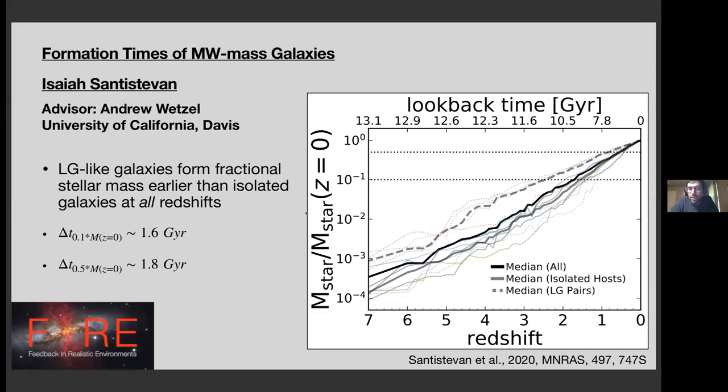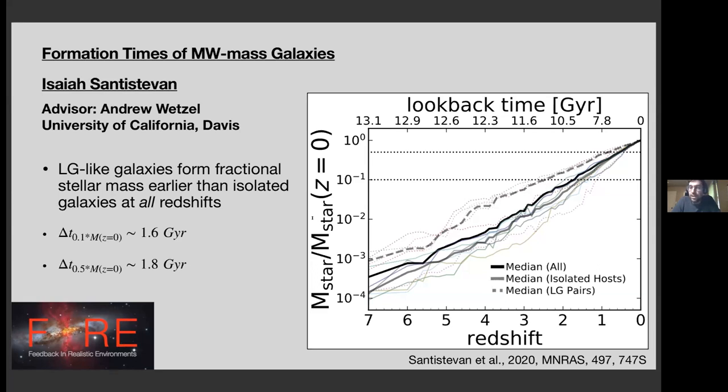So for instance, if you define galaxy formation based on the time that it takes a galaxy to form, for instance, 10 or 50% of its redshift 0 stellar mass, what we see is that the Local Group-like galaxies are forming earlier by about 1.6 to 1.8 gigayears or so. And this is consistent with other definitions that we used to define galaxy formation.